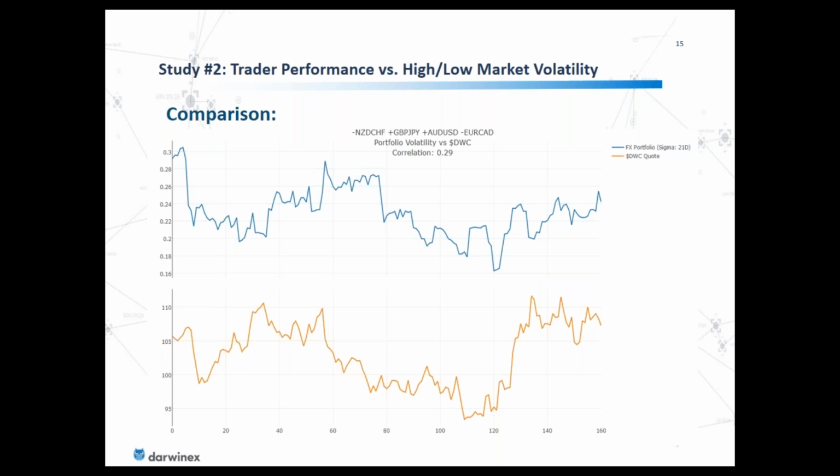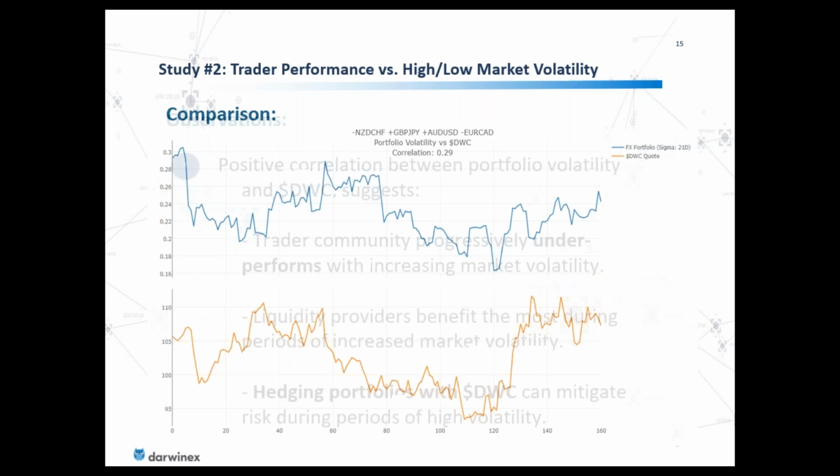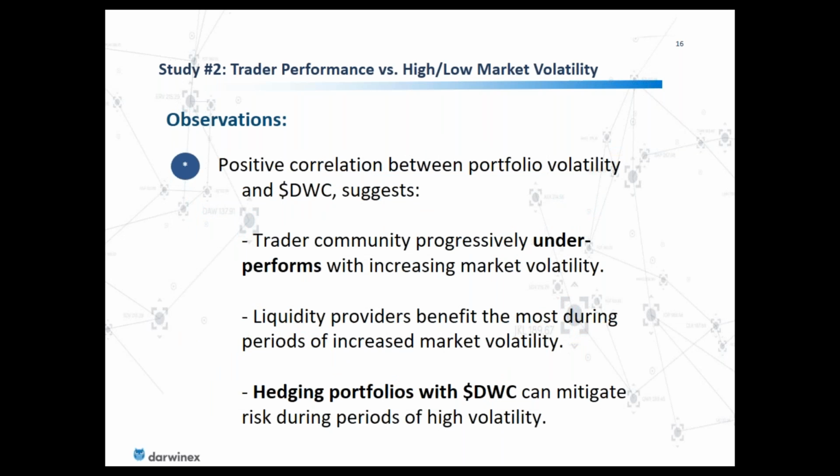When volatility is declining, DWC is declining, and we know that when DWC declines, the community prospers. On this chart also, when volatility is increasing, DWC is increasing, and we know that when DWC increases, the community underperforms. So the observation here is that positive correlation between portfolio volatility and DWC is indicative of the trader community progressively underperforming with increasing market volatility.